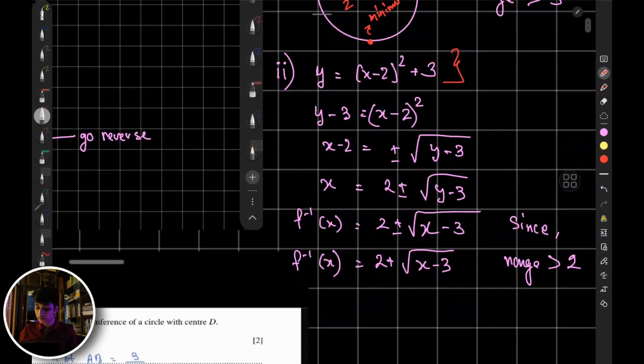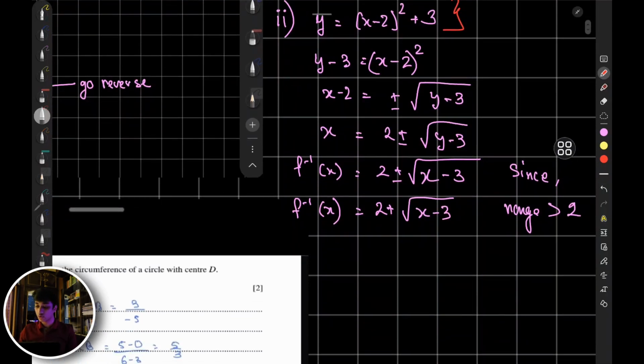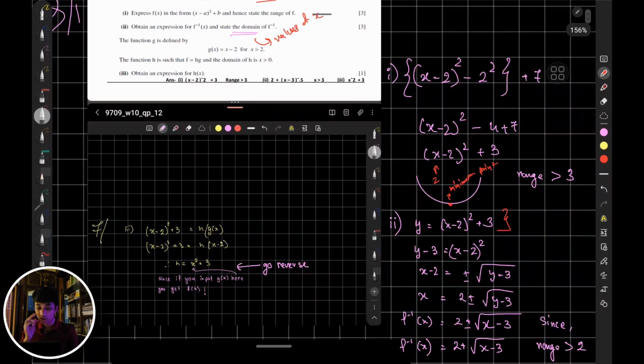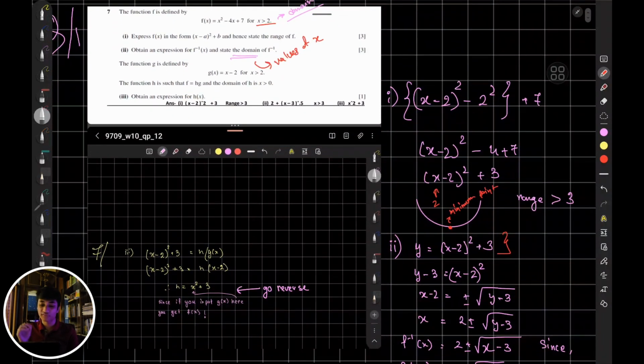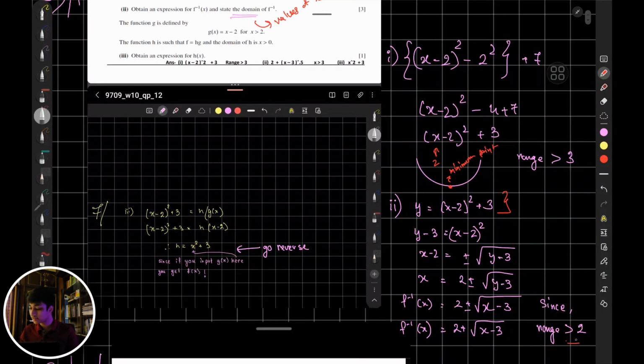Now what do you do? If you take the 2 to the other side, x equals 2 plus minus root over y minus 3. Now, do you take the positive side or the negative side? Here's the thing. If you look at the domain that they gave for f of x, the domain of f of x is x greater than 2.